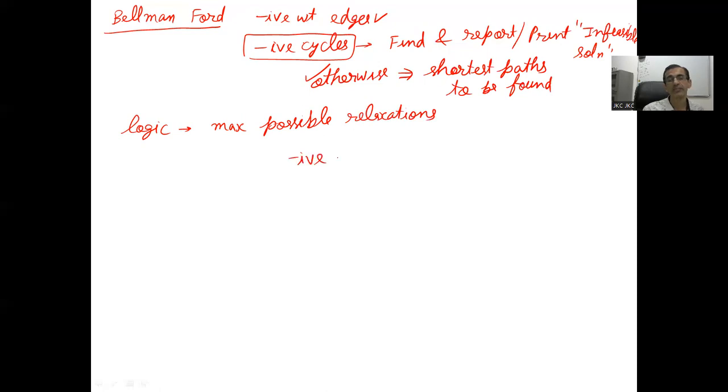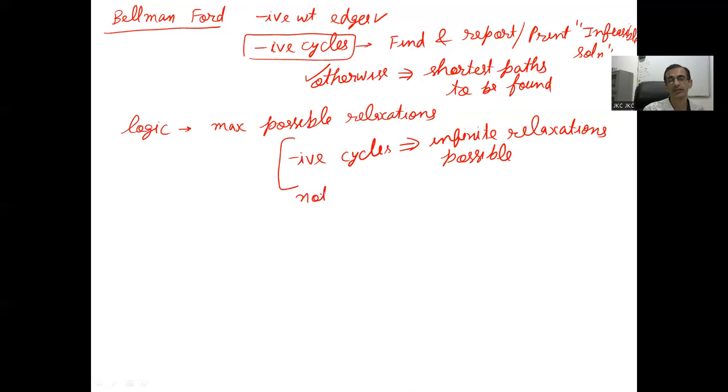Negative cycles mean infinite relaxations, and hence we said, don't go for this. With negative cycles, infinite relaxations are possible, and obviously this doesn't become a solution. So not used, not possible.